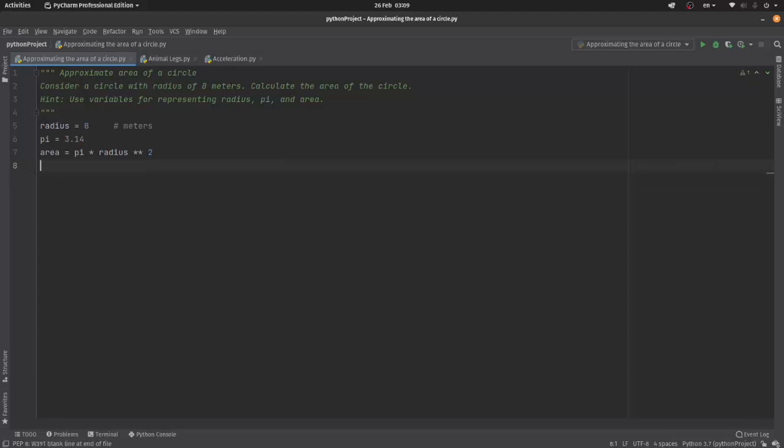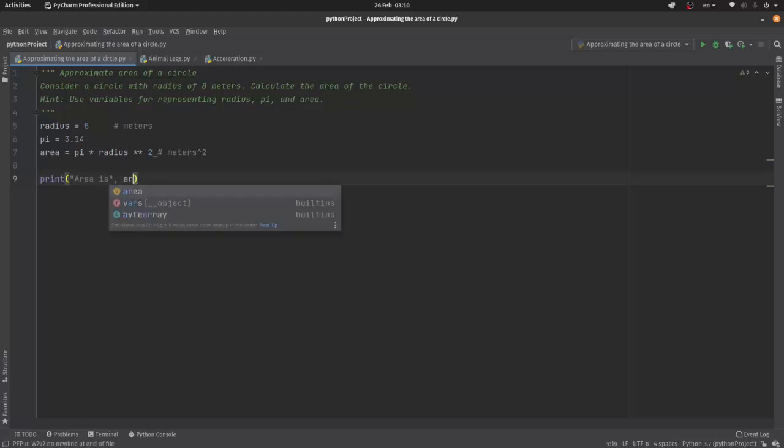So now that we have stored the value of the area, which is meters squared, in the variable area, we need to show that to the user. So in order to do that, we need to use a built-in function of Python, which is written as such. The print inside, we need to say the area is, well, area.